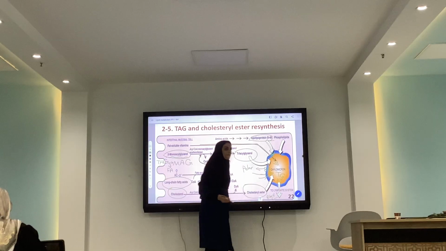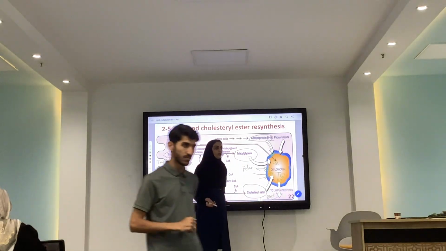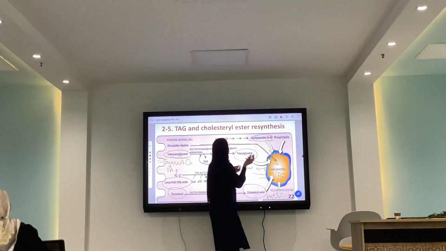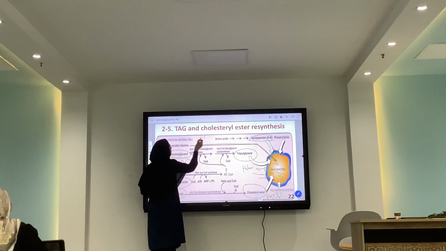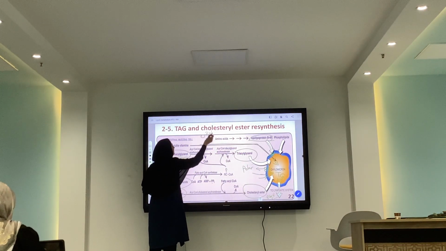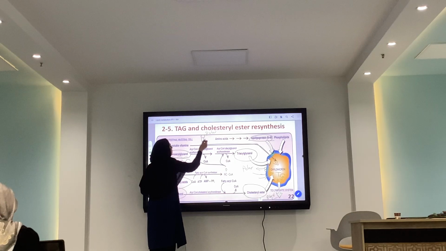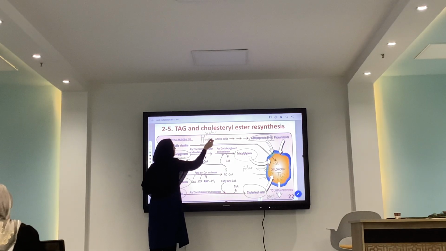What's the purpose of phospholipid? To make it more soluble. The phospholipids have a polar head at the cell surface, you can see the cell membrane, and two non-polar tails.